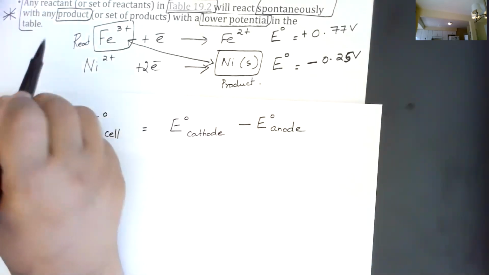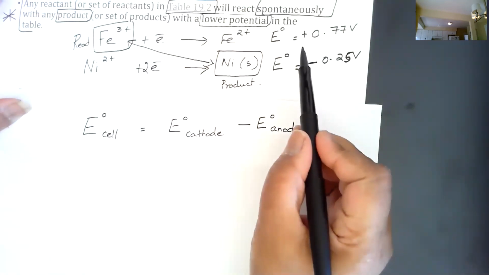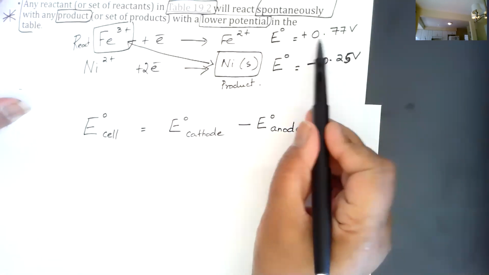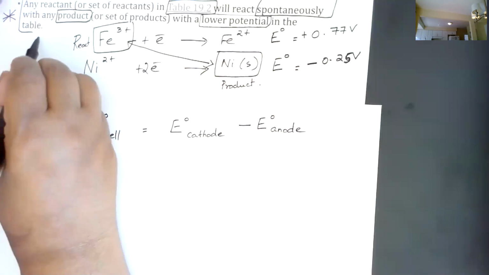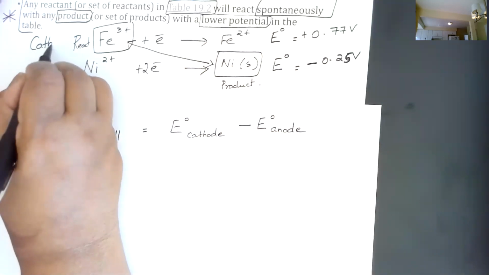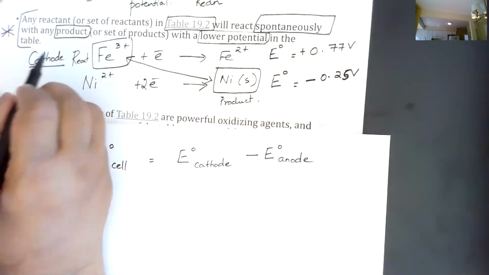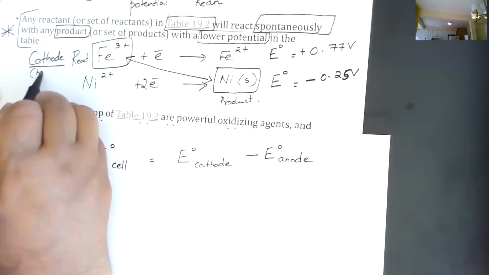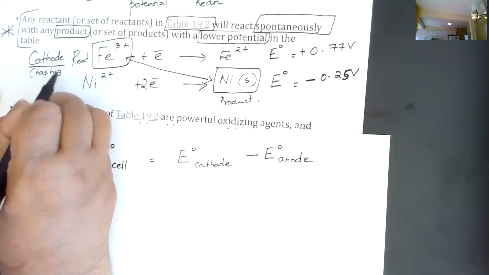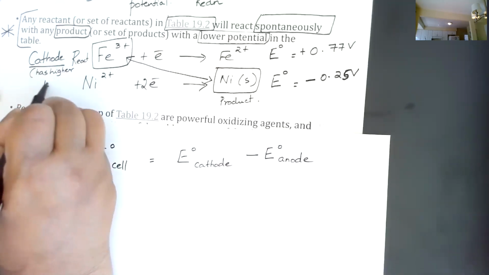Now, the one that is positive or the one with the higher reduction potential will be the cathode, because it has a higher E0 value.